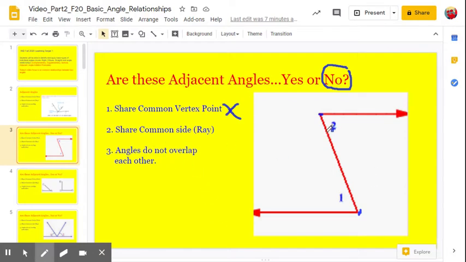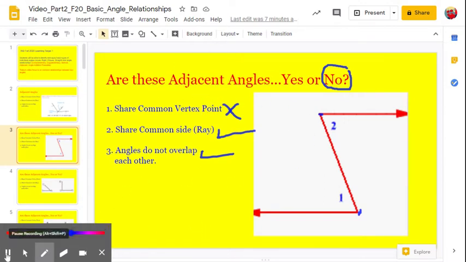Do they share a common side? They have a common side, but officially, this ray goes this way down, and the ray for this angle is going up, up, and away. So they're not really even the same ray. The angles do not overlap. It doesn't meet that requirement. So you could make an argument if you just look at the side, had a common side. It has to meet all three requirements in order to be adjacent.